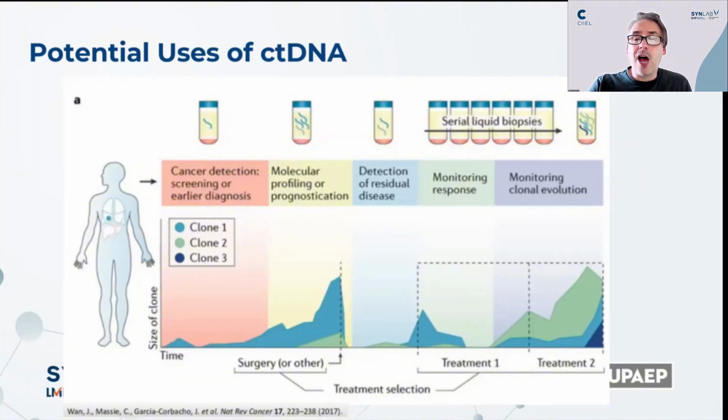And this usually has a time advantage because there's good data to show that you can see recurrence starting to occur at the ctDNA level before this is visible through MRI or CT tomography.